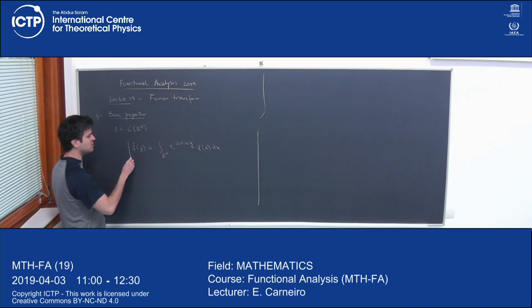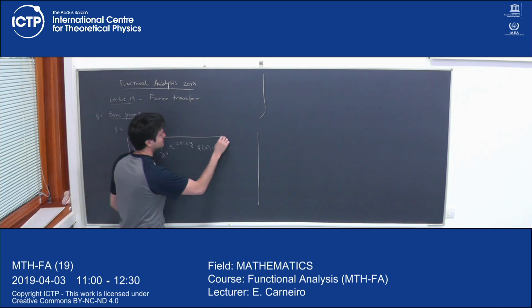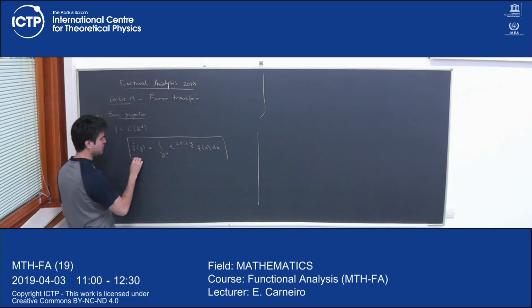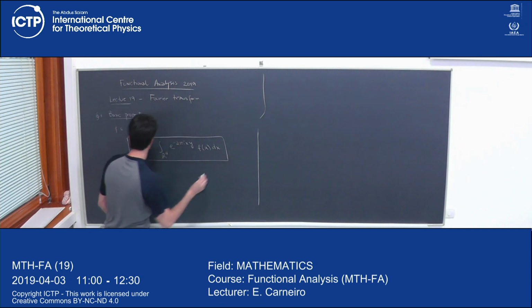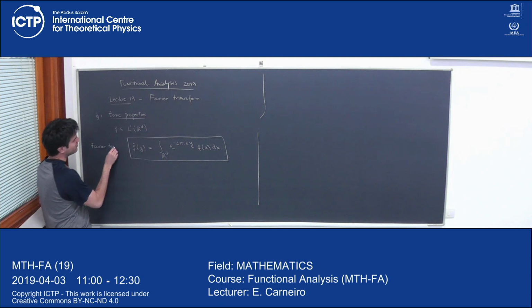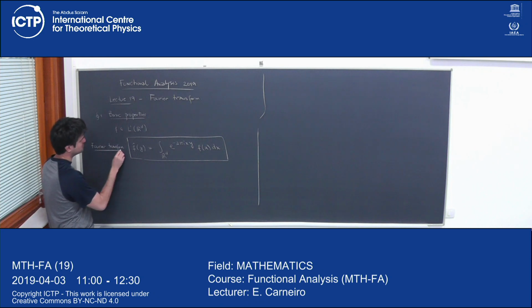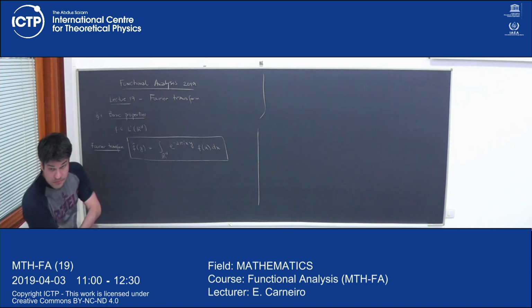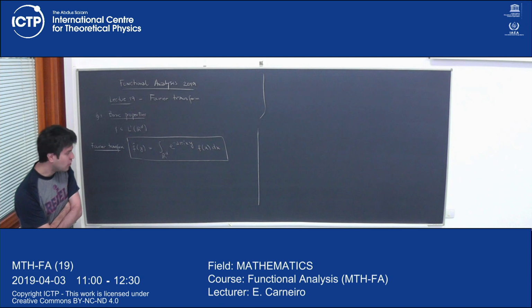So from now on, this is the Fourier transform of the function f. Okay, so this is what we call the Fourier transform. If you go, there is a little bit of a choice here.